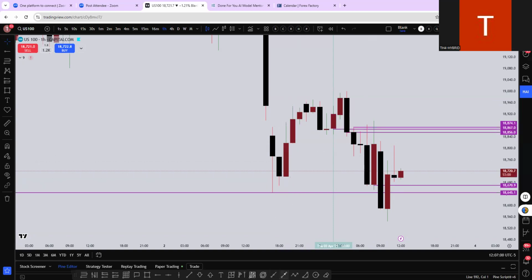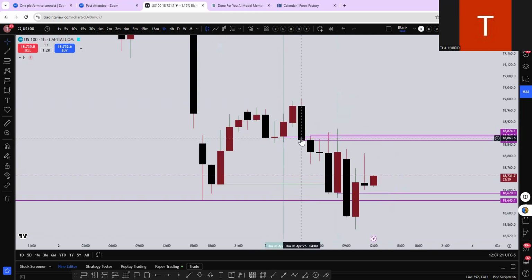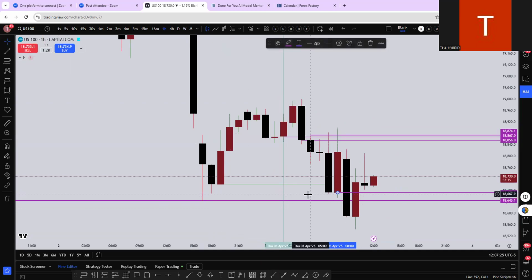So this opening price here, closing below is something you don't necessarily need to keep on the chart. But the fact that we closed below it tells me that this expansion is pretty strong, at least to get down below this low. So just marking a few above and below the market that we can possibly trade off of.